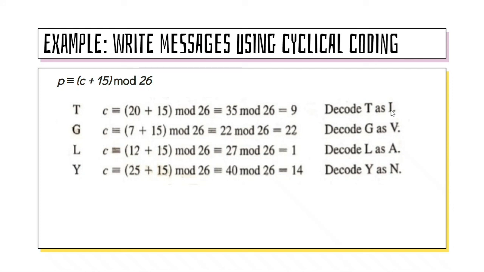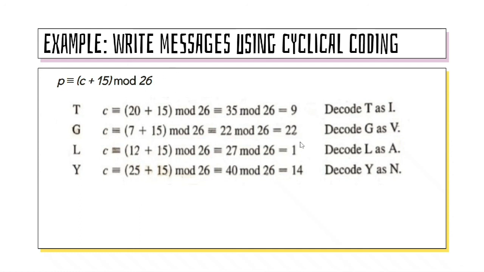Okay. So again, G is the 7th letter, plus 15, mod 26, so 7 plus 15 equals 22. This is congruent to 22, mod 26. Since 22 cannot be divided by 26, that is the answer.